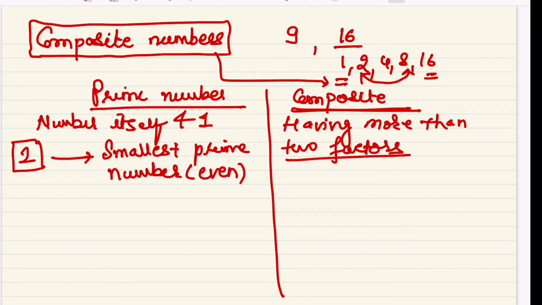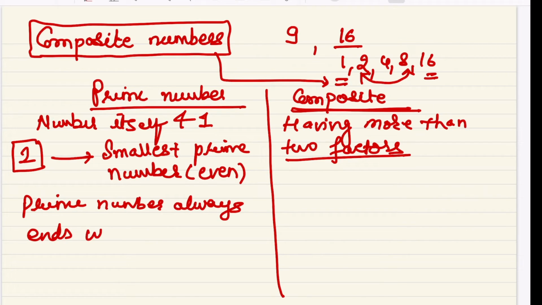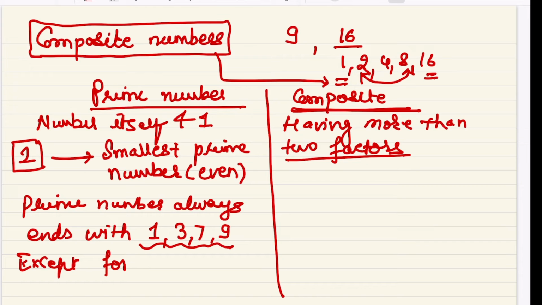And one more thing, prime numbers always end with 1, 3, 7 and 9. There are some exceptions, 2 and 5.